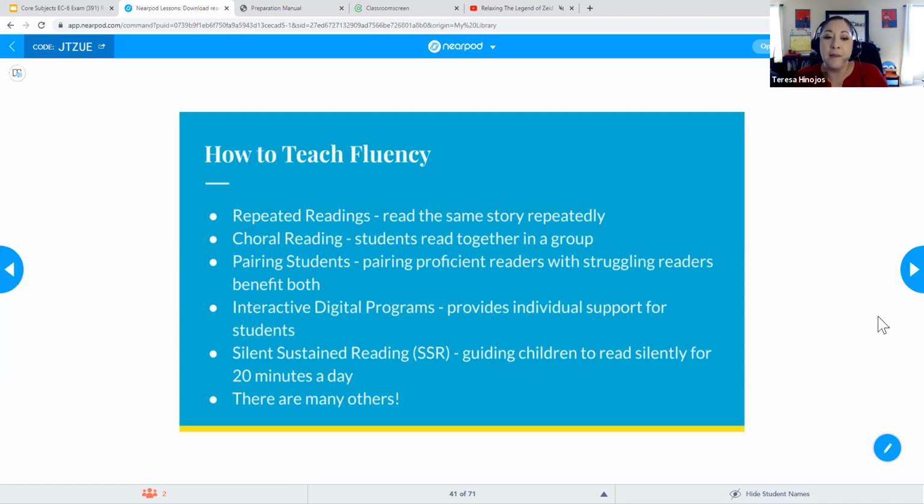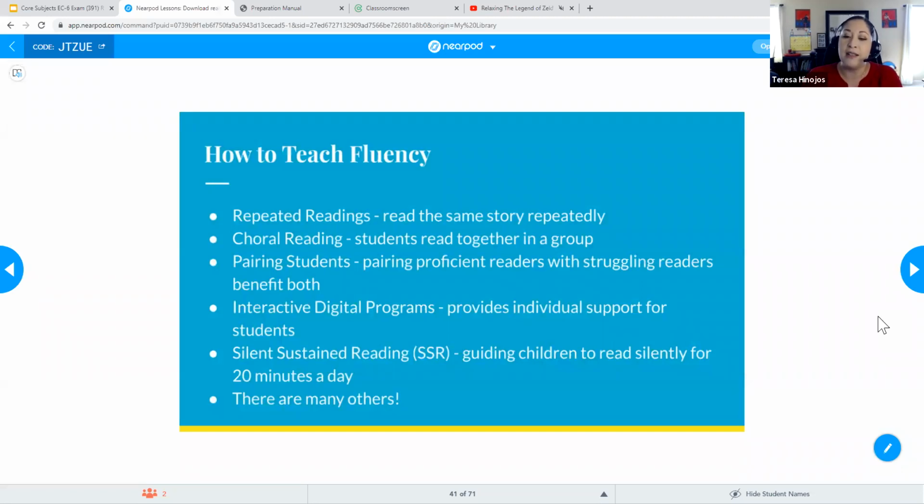Something that you also see happening in the elementary schools is silent sustained reading. This guides students to read silently for 20 minutes a day. There's research that shows that this builds fluency. All you need is 20 minutes a day. Of course, as the kids get older, the type of book they're reading is going to change.